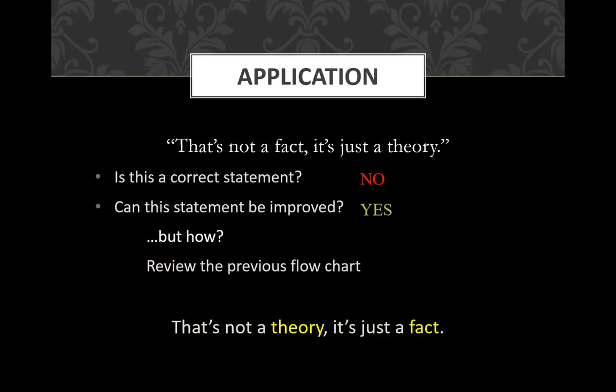Theory and fact. The better way to say what you're trying to convey is by saying, that's not a theory, that's just a fact. Because basically what you're telling the person is, what you've told me has not been tested, it's just an agreement that you had with somebody else. So theories, well tested. Facts, no testing.